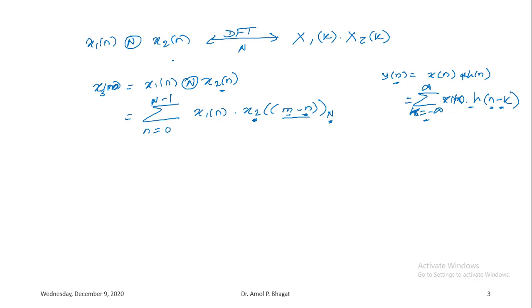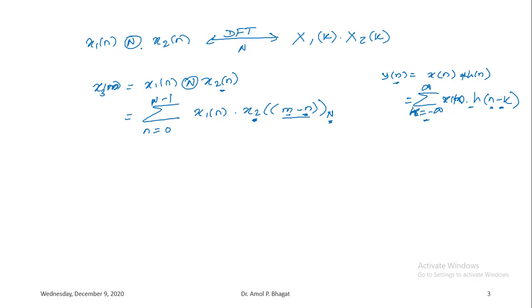Their respective discrete Fourier transforms multiplication, that is multiplication of the two DFTs of the sequences x1 of n and x2 of n, is equivalent to their circular convolution in the time domain, okay? So that is nothing but the multiplication of two DFTs or circular convolution property.